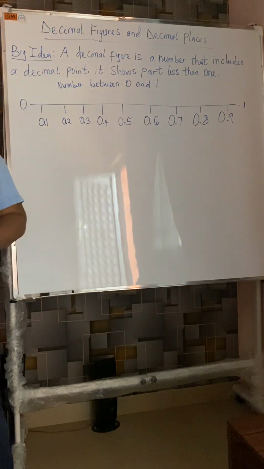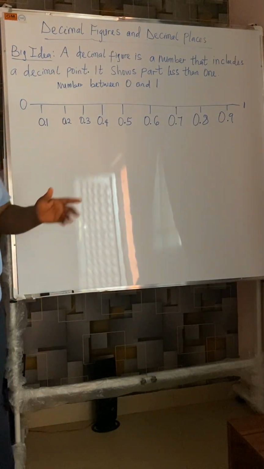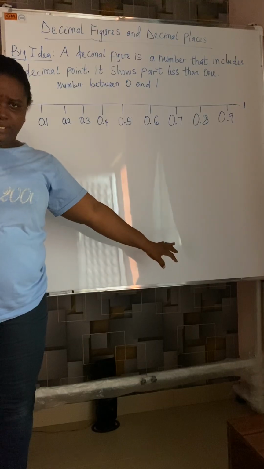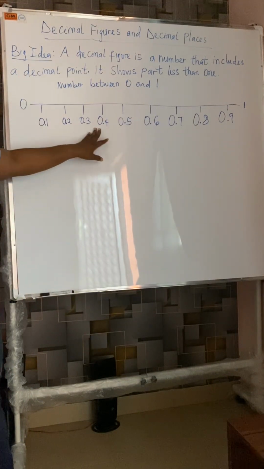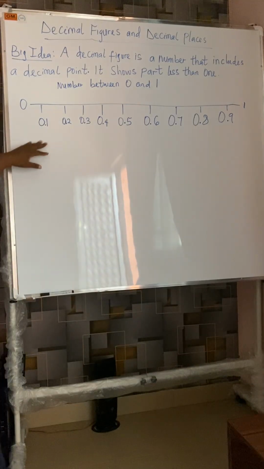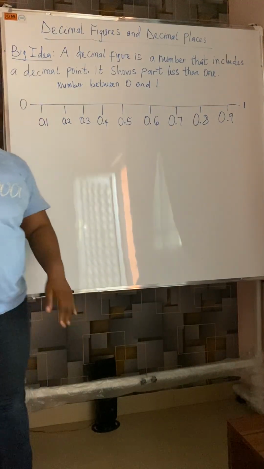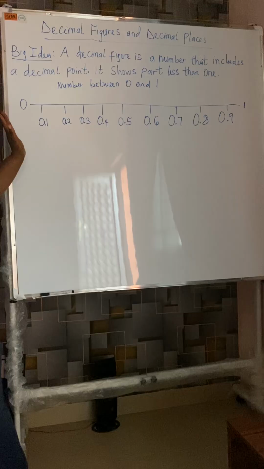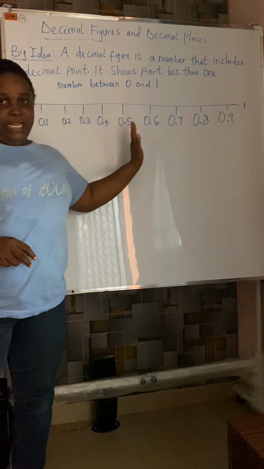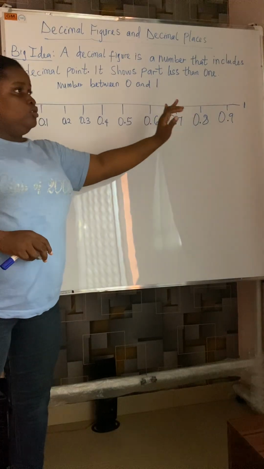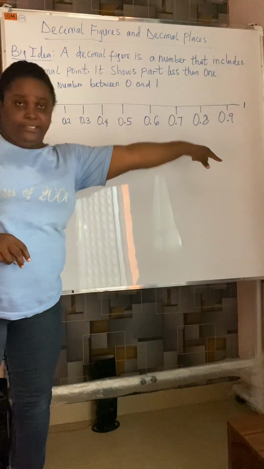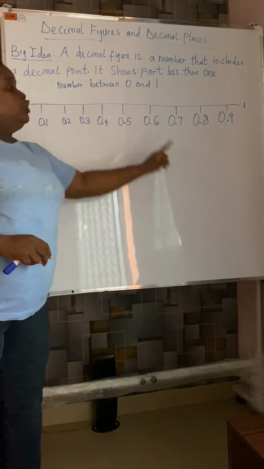Let me also say something quickly, in case we want to consider the size of these numbers. If you look at the board carefully, you will notice that from 0.4, the numbers here are smaller than this. I did it intentionally so that we will know that as the numbers move from left to right, to approach your 1, the size of the numbers increase.